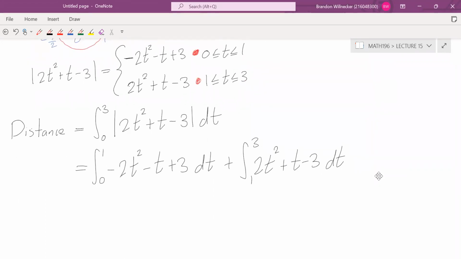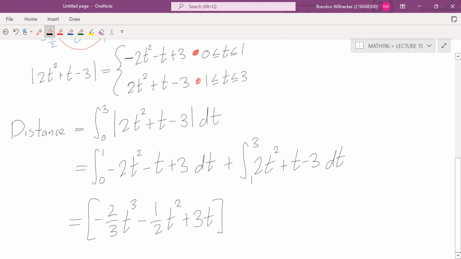Okay, so let's do the integral now. So for the first part, it's going to be minus 2 over 3 t cubed minus 1/2 t squared plus 3t from 0 to 1, plus, and then for the second part, we're going to have 2 over 3 t cubed plus 1/2 t squared minus 3t from 1 to 3.